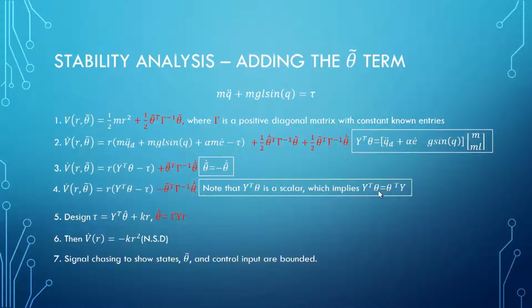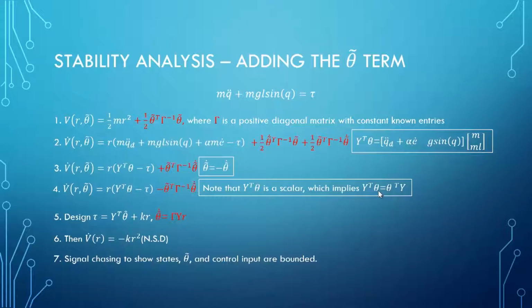The worst case, the largest value of V dot is 0, when R is 0. That means V cannot increase. It either decreases or holds constant. It never increases. That means both signals R and theta tilde will be bounded.